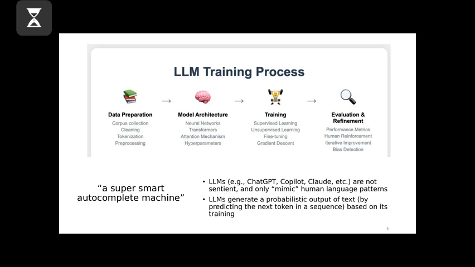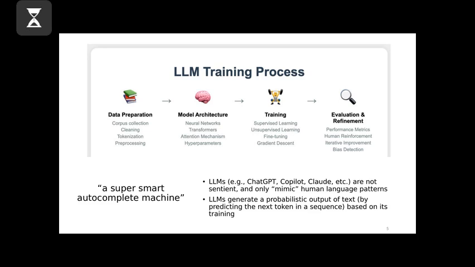And then researchers conduct tokenization. Tokenization is breaking down text into smaller units called tokens. Tokens could be words or parts of words, but these tokens are then converted into numerical representations that the model can process.